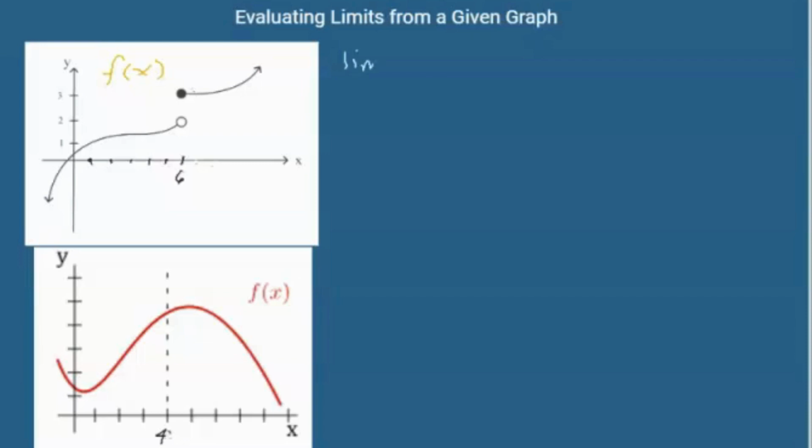So find the limit of this function as x approaches 6 from the left. So what we're going to do is to follow the graph as it moves to the left of 6. So it's this one. Okay, so the answer is 2.